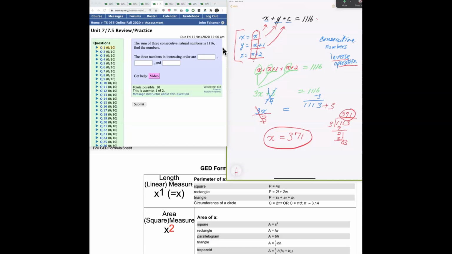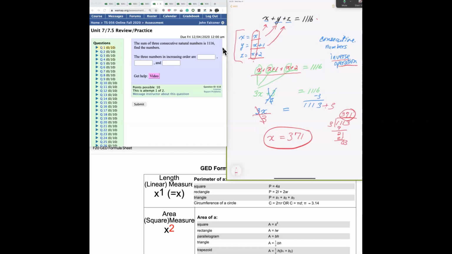So we were going to define y and z in terms of x. X was always x. Y could be 1 more than x, and z could be 2 more than x. And so we rewrote the equation down here. X plus 1 plus x plus 2. We combined like terms to get 3x plus 3. And then we used algebra to isolate x and solve for it.